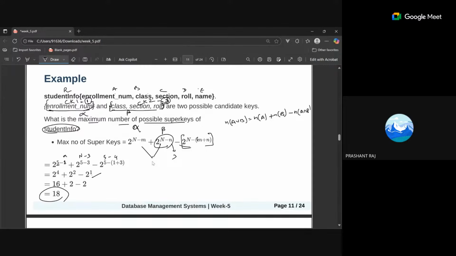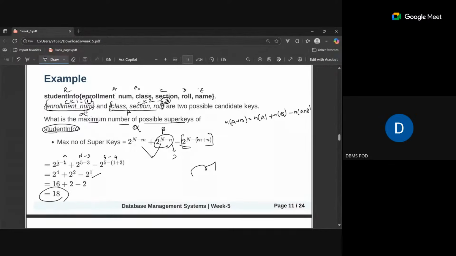It is a minimal set. This is not necessarily a single attribute. It can be both. A primary key can also be 2 or 3 attributes, though generally, whatever we have seen in week 2 and week 3, we considered only one attribute as the primary key.